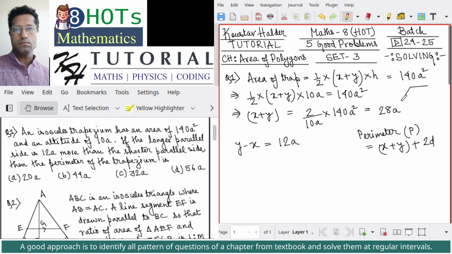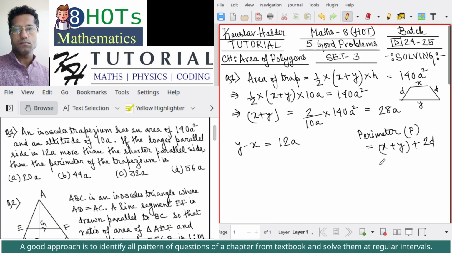Let me, for the sake of reference, draw the isosceles trapezium with x, y, and d and d. We have to find the perimeter. We already know x plus y, which is 28a. Now y minus x is given, that is 12a, and we need d.